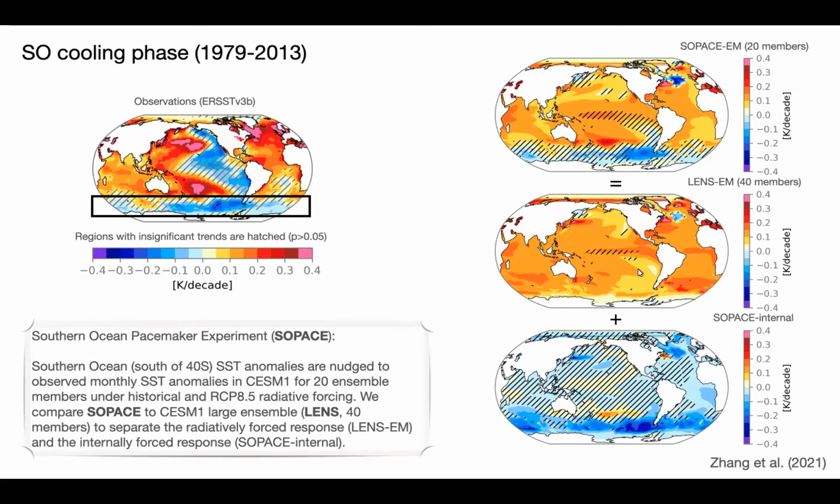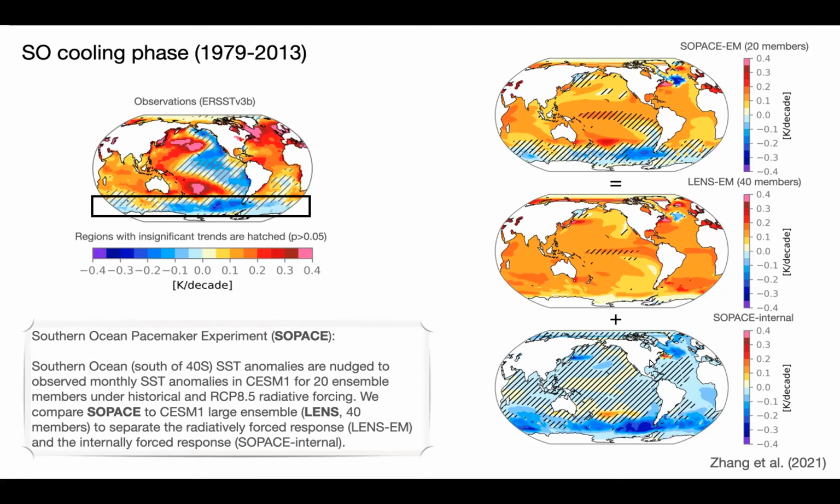So if we subtract the radiatively forced response, we actually get the last panel, which shows the response to just the Southern Ocean cooling. And there, the most robust response we see here is actually over the tropical South Atlantic. So it's statistically more significant than what we have in the tropical Pacific, which is really weak.